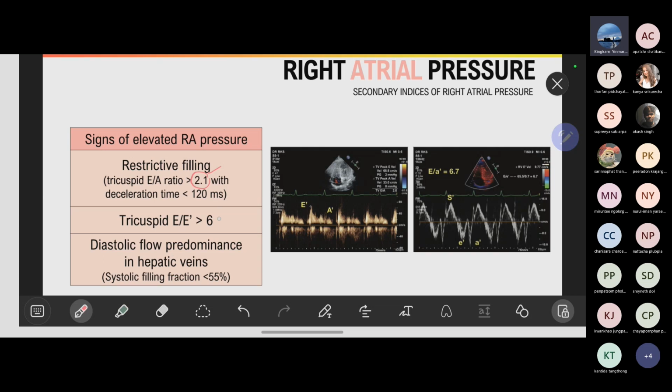Tricuspid E by E prime is more than 6, and there is diastolic flow predominance in the hepatic vein. If you see this, it means the patient has high right atrial pressure.